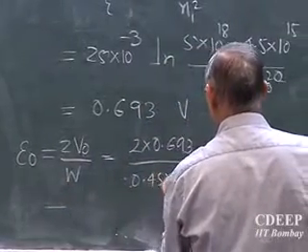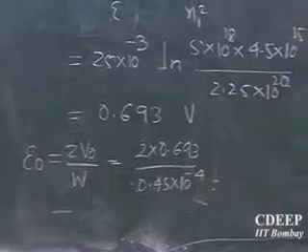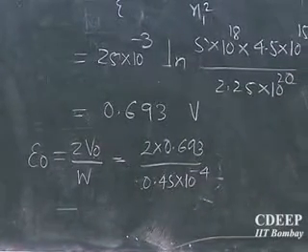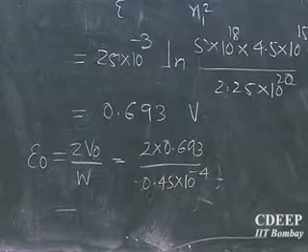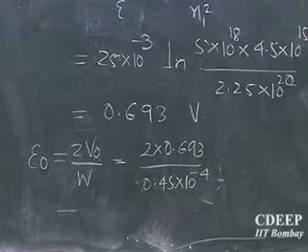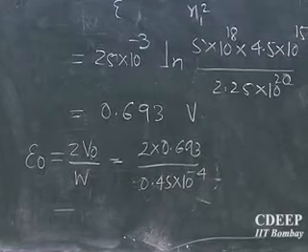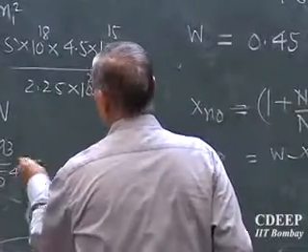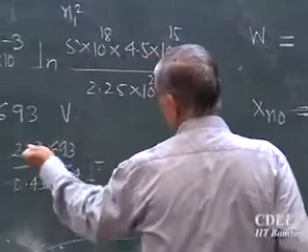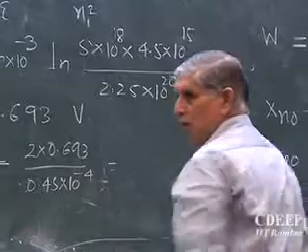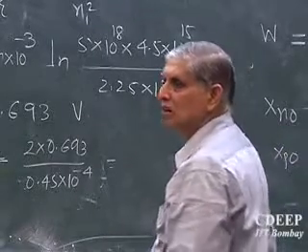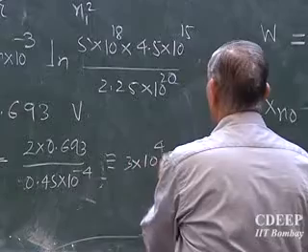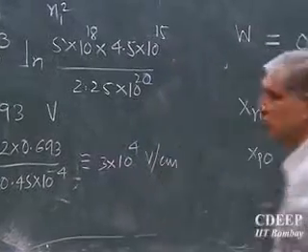Here you should write 10 to the power minus 4 centimeters, because 10 to the power 4 microns is 1 centimeter. So this is all in centimeters. Roughly this is 1.4 divided by 0.45, around 3. So this is around 3 into 10 to the power 4 volt per centimeter.